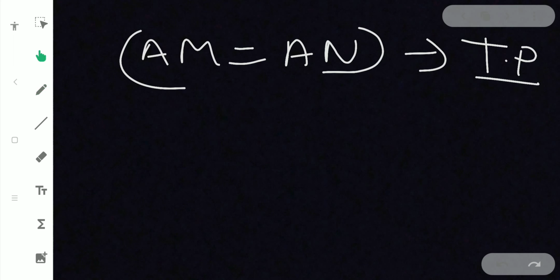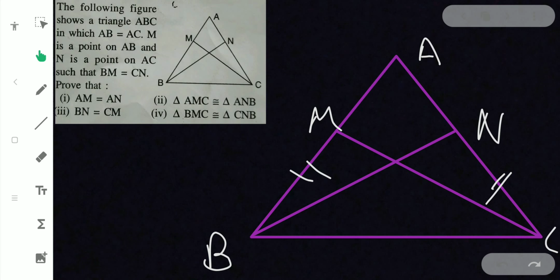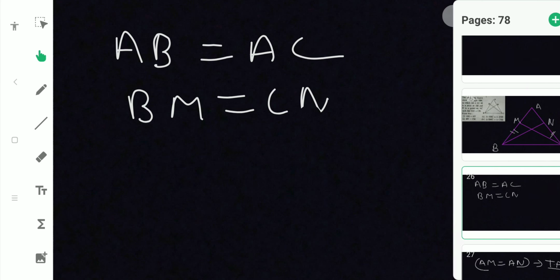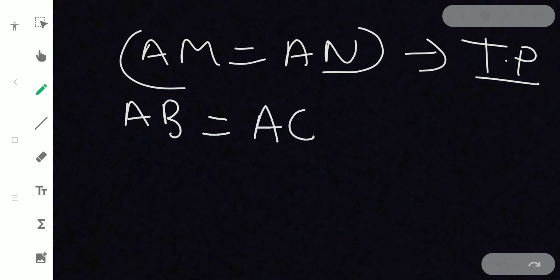Now we know AB is equal to AC. The information is given in the question itself.